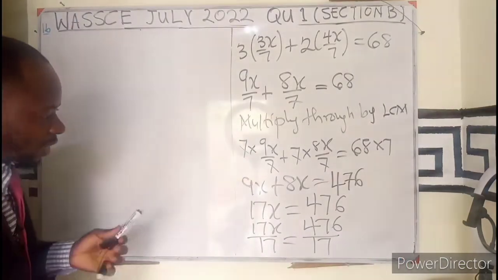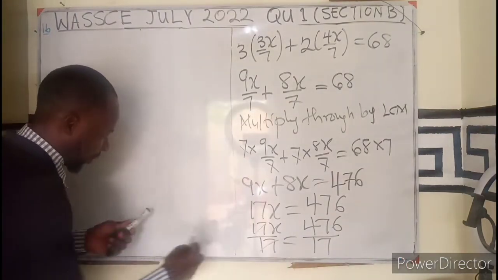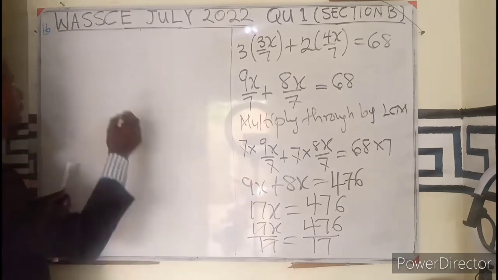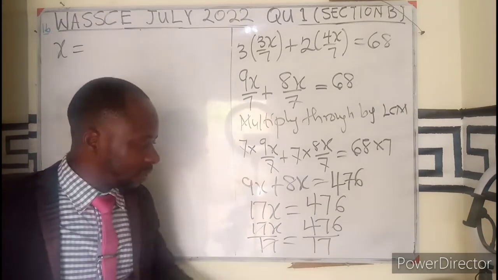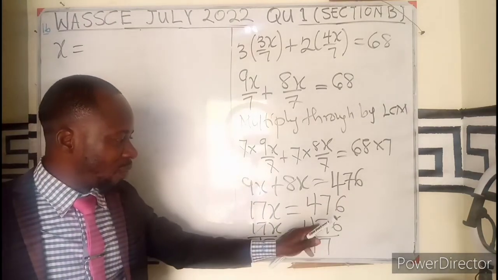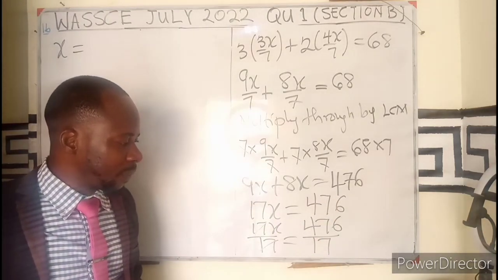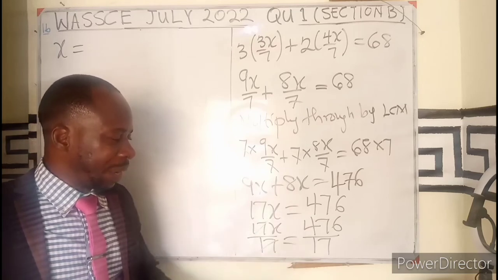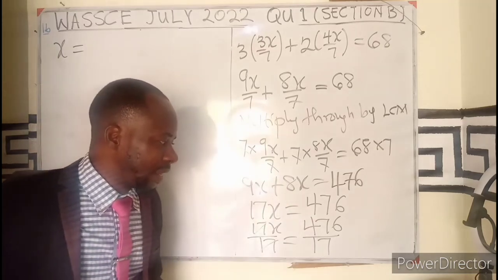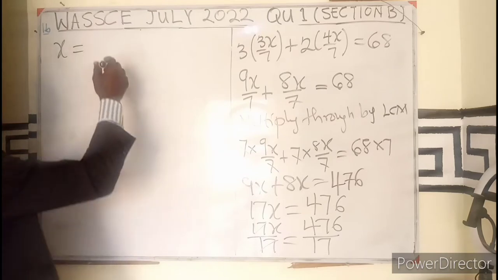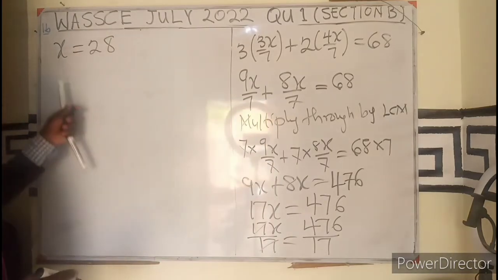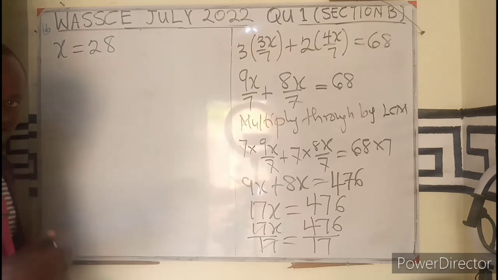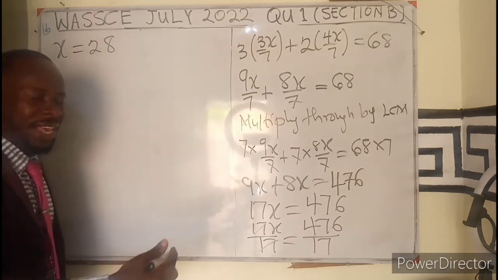This will cancel this, so I will be left with only x equals 476 over 17. We know 17 can go there only 2 times, and we subtract to get 13. 136 plus 136 gives us 28. So the value of x, which is the total number, is 28.